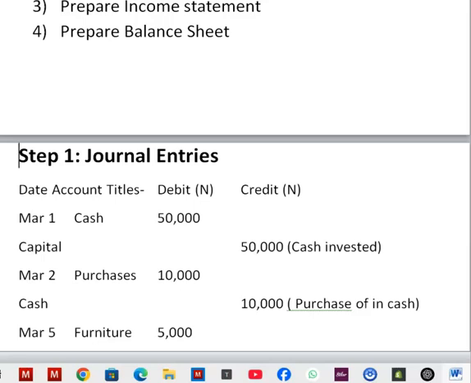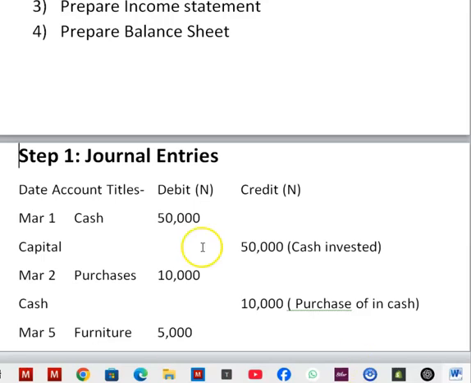The second leg is the fact that this money that was introduced is in cash, 50,000 naira. So what this means is that the receiving account is cash, while the giving account is capital. So we debit the receiver and credit the giver, which is cash debited and capital credited.